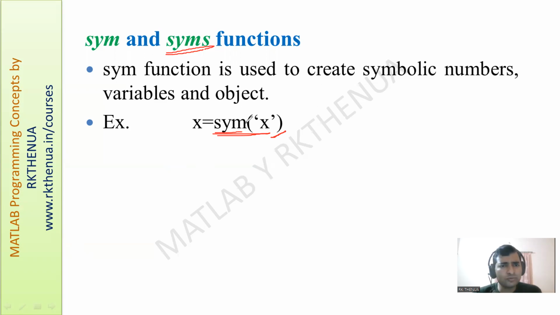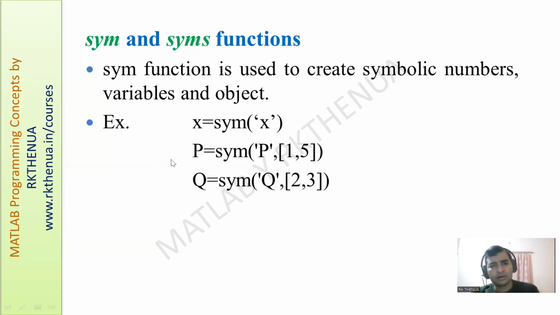This is mainly useful whenever you want to create a matrix of symbols. For example, you want to create a matrix P whose size is 1 cross 5, that is a row vector basically, and P will automatically be assigned to each element.